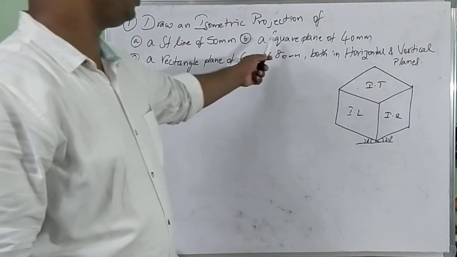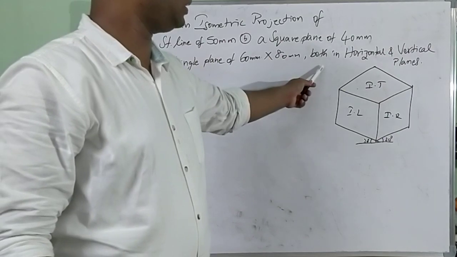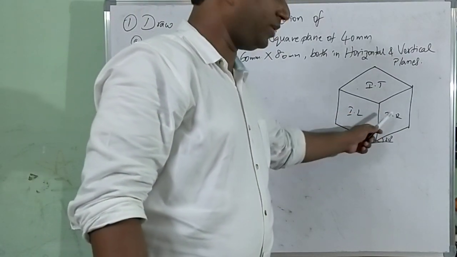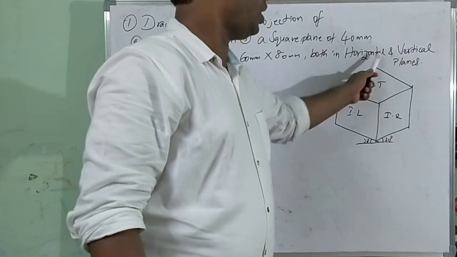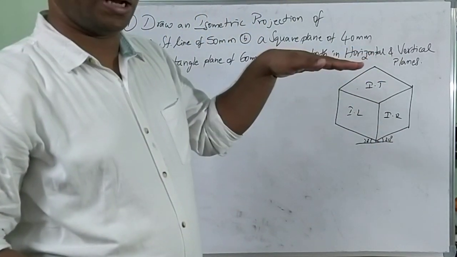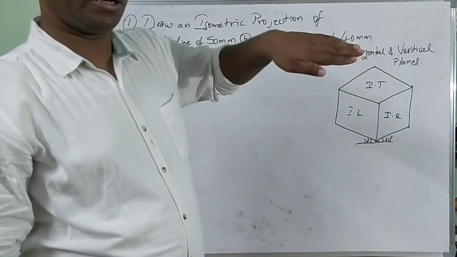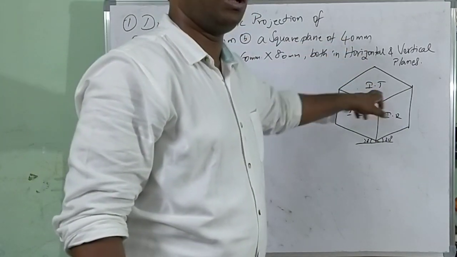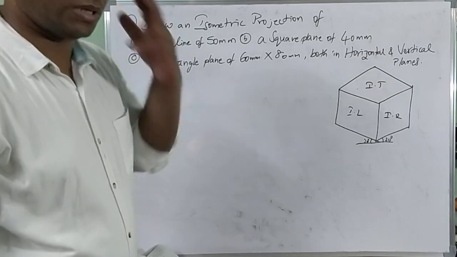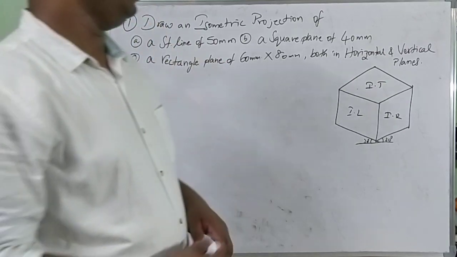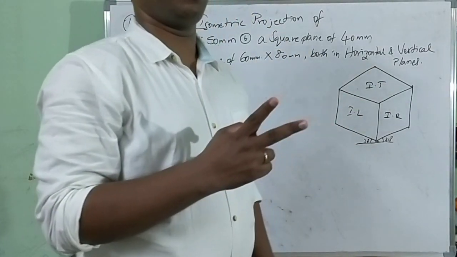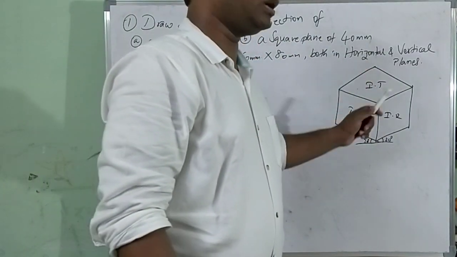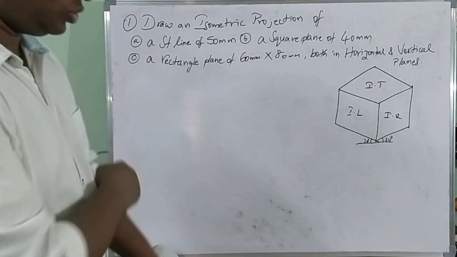We are supposed to draw our line, square or rectangle in the two vertical planes, that is iso left plane and iso right plane. Horizontal plane means like this, rotated and converted into a rhombus position. There is only one horizontal plane, that is iso top. I hope you understand. The two vertical planes are iso left and iso right, and the horizontal plane is only one, iso top.